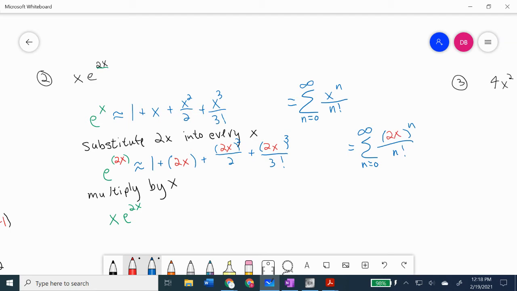And when I say simplify, I want you to make it so that x is not directly multiplied to a number, and you can see exactly what the exponent is on the x.